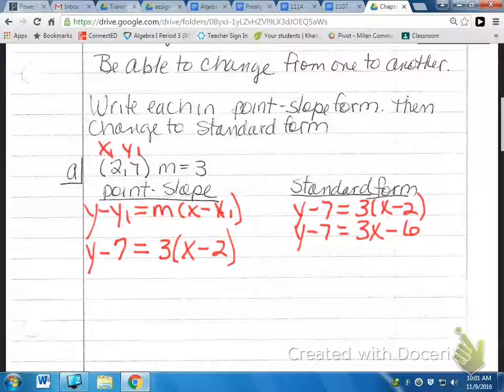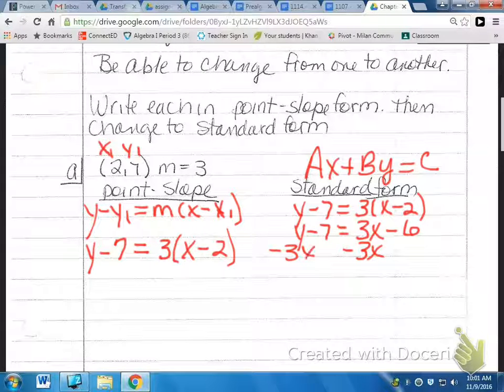For standard form, ax plus by equals c, I have to have my x term out in front. That's what I do first. I have to take 3x across the equal sign, so subtract 3x from each side.